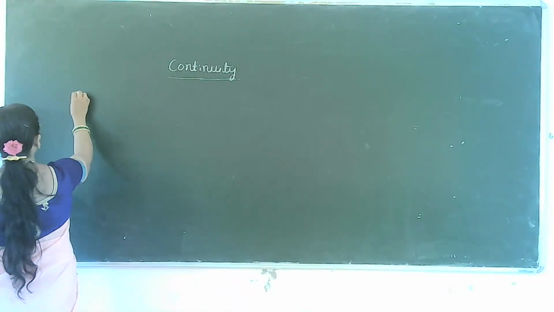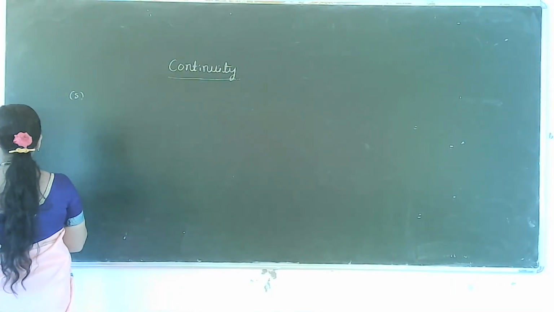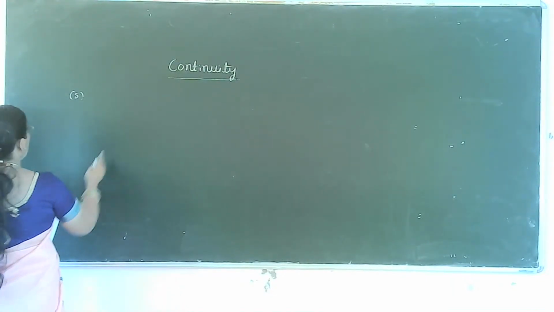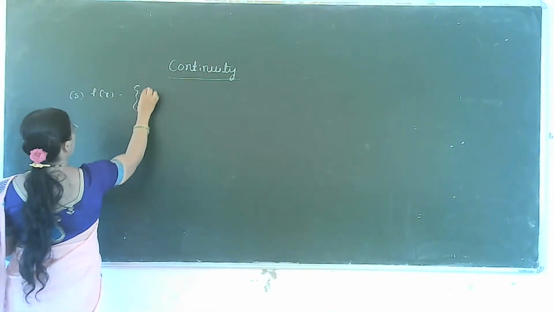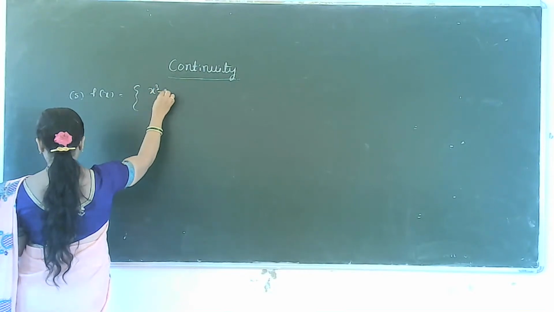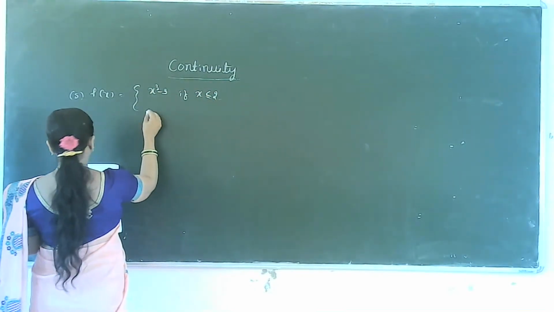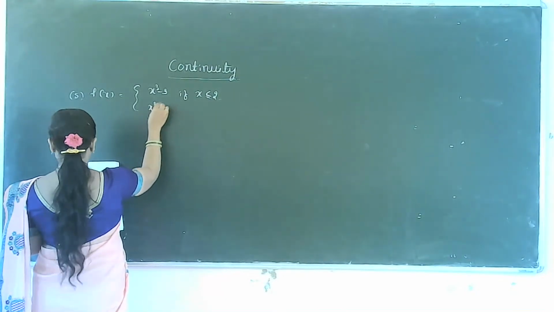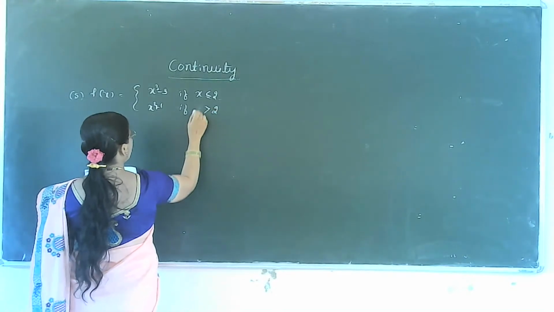Now to solve another problem, the fifth one. f of x equal to x cube minus 3 if x is less than or equal to 2, and x square plus 1 if x is greater than 2.